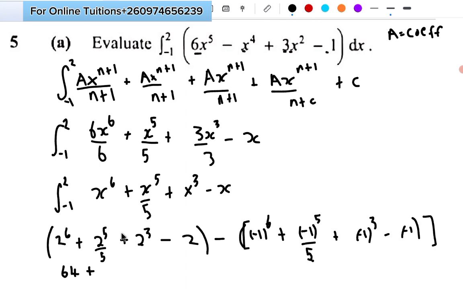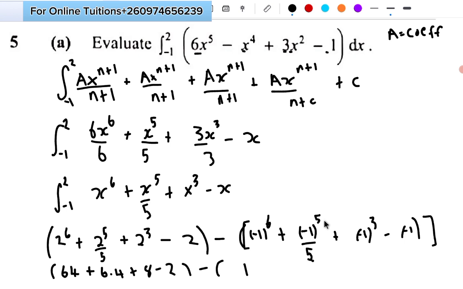2 to the power 5 is 32, divided by 5 gives 6.4. Then plus 2 to the power 3, we know that is 8, minus 2. That's what we have on this side. Then what do we get here? Open your brackets nicely: (-1) to the power 6 gives +1.